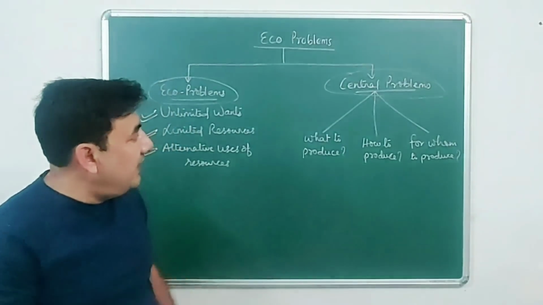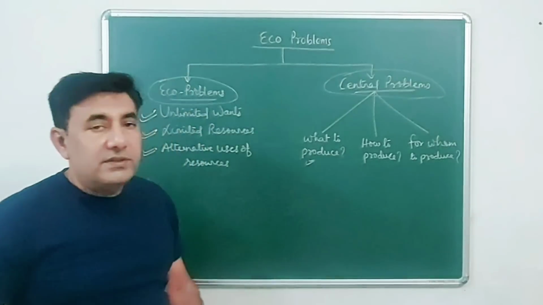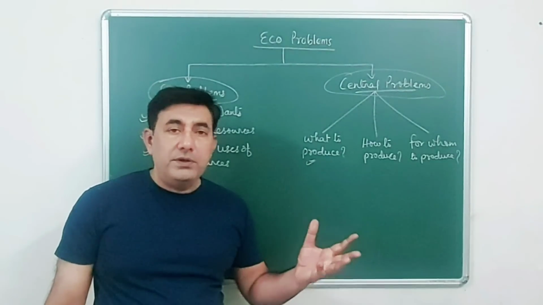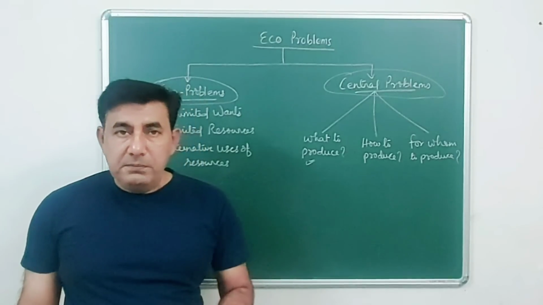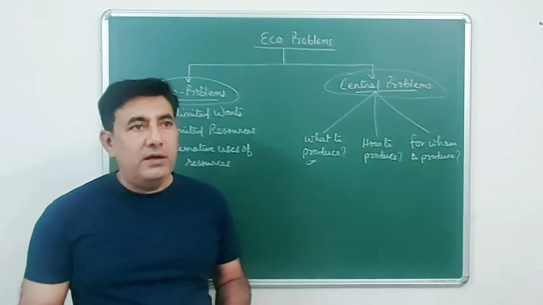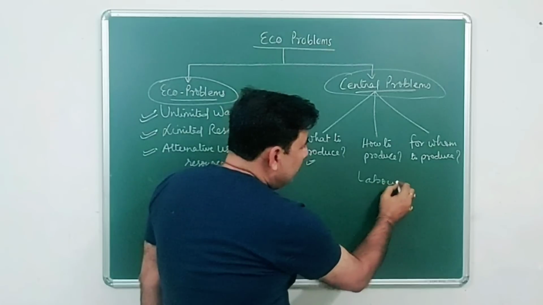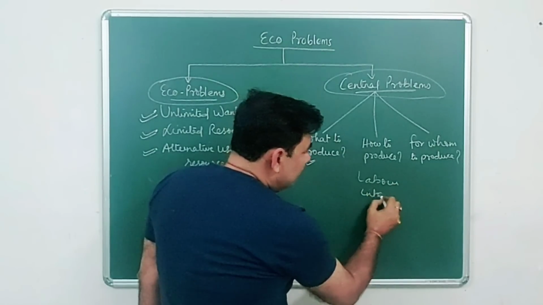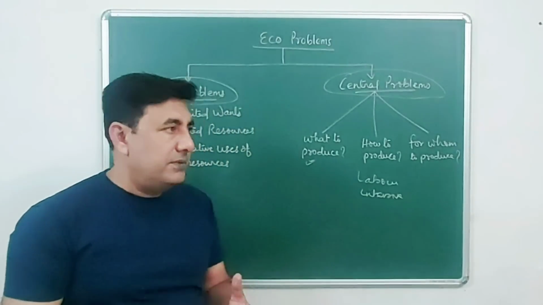The economy has to decide what type of goods and services it has to produce, whether it has to produce more of agricultural products or more of machineries, so like that. Then how to produce, like whether it will use a labor intensive technology, where we use more of labor than technology or machines.